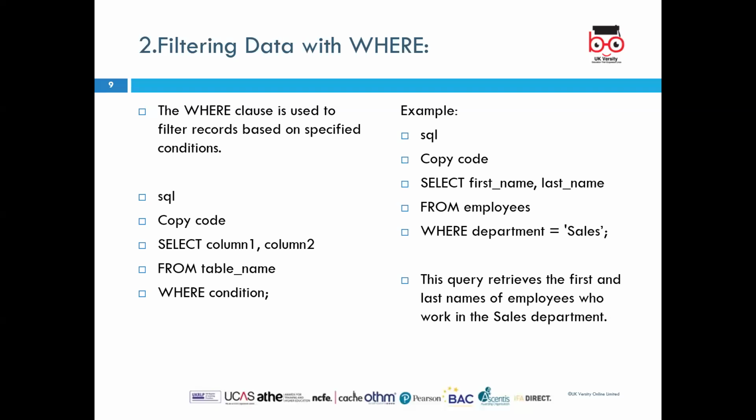And with where, we can retrieve the first and last names of our employees who work in the sales department. So we can see that where allows us to filter by, for example, a department, which would be sales.